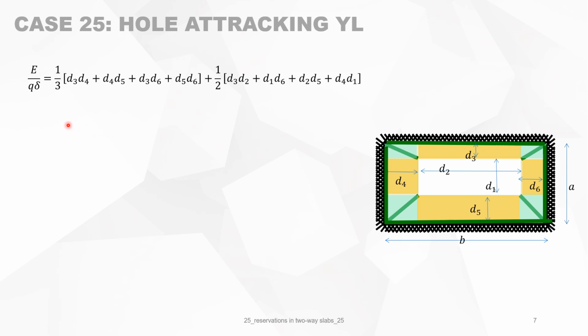We calculate the work done by the external forces, and we start with the green areas, which is the summation of the triangles. And it is, of course, D4 times D3, D6 times D3, and so on. It's just the surface of the green area, and the mean deflection is delta over 3 because of the triangle.